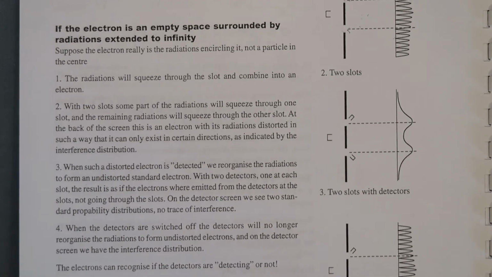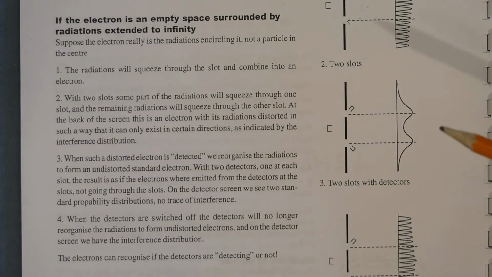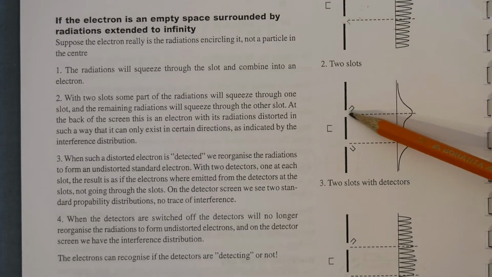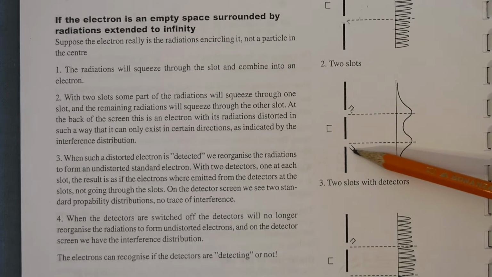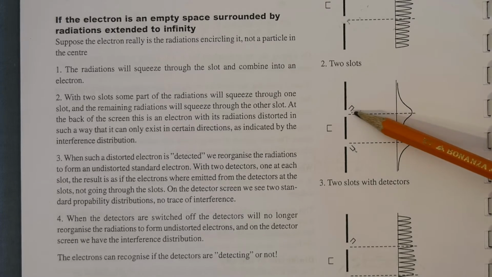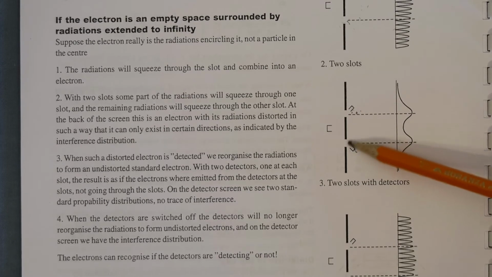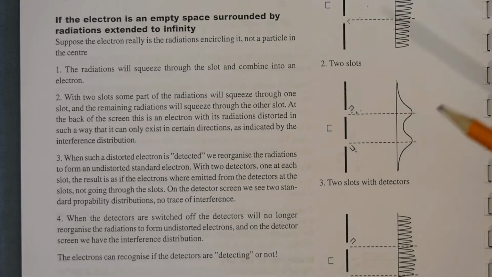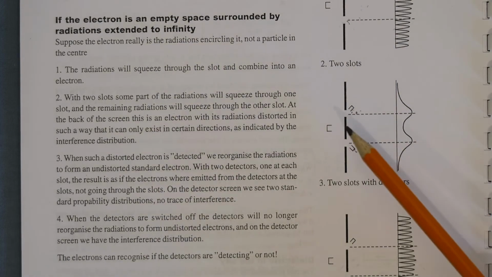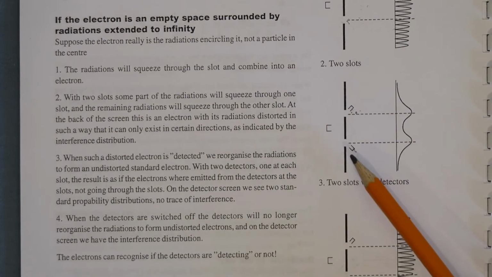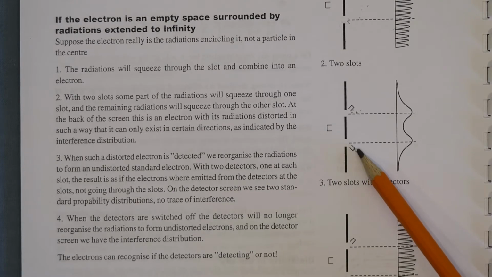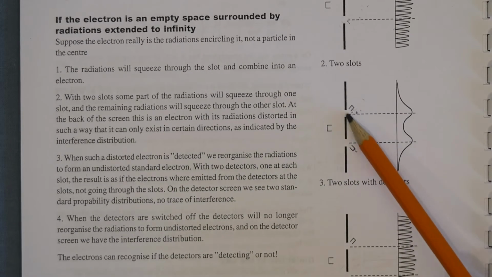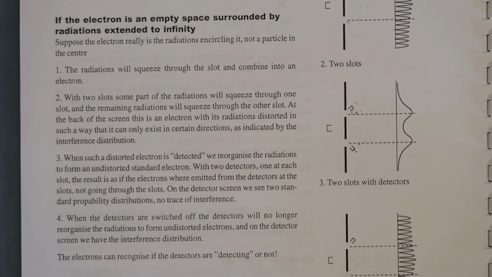Now, if we try to measure how many electrons are going through this slot and how many are going through that slot, when we measure an electron, we reorganize the radiations, and now it looks like the electrons are coming from this point and this point, because here the electrons are reorganized.